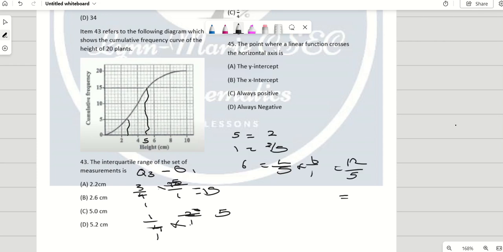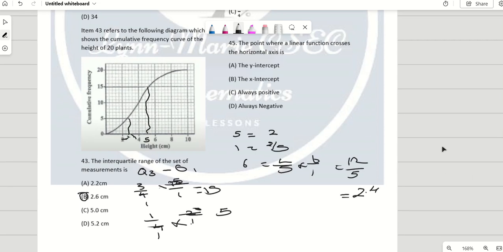That is 2.4. Right? So if it is 2.4, this is 2.4 here, and this is 5. The difference between 5 and 2.4 is B, 2.6, and that is how you would get your answer. Right?